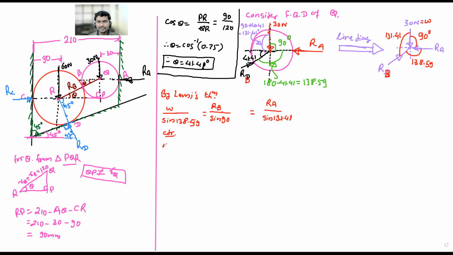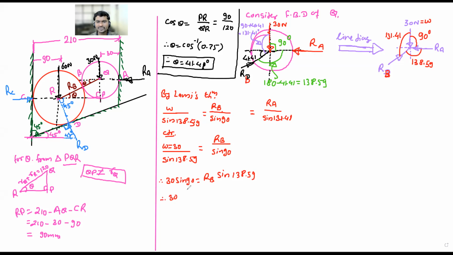So W, that is equal to 30 upon the sine of 138.59 is equal to reaction RB divided by sine 90. We want to have RB, go for cross multiplication. Therefore 30 sine 90 is equal to RB into sine 138.59.